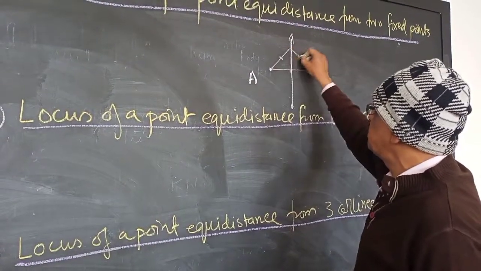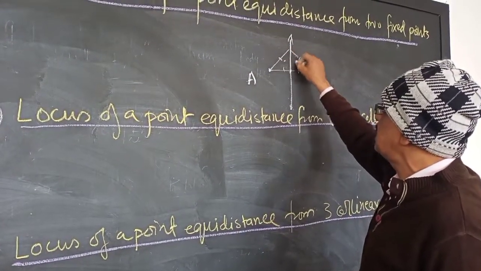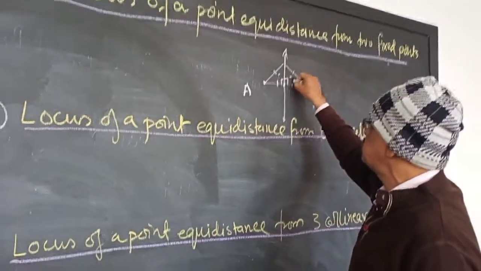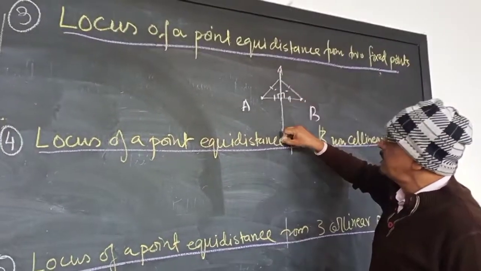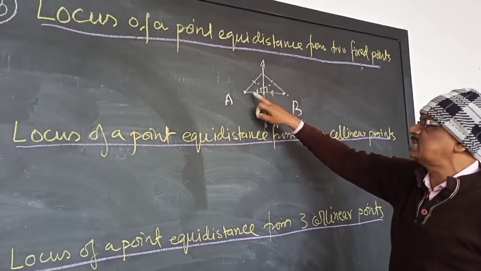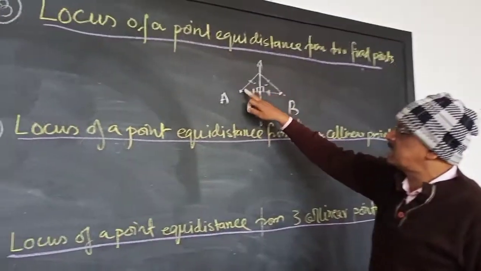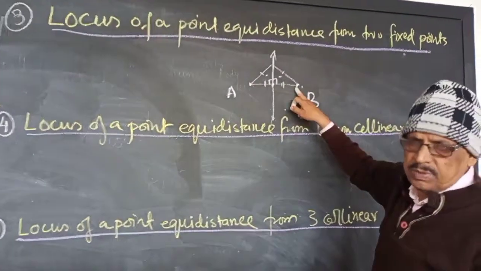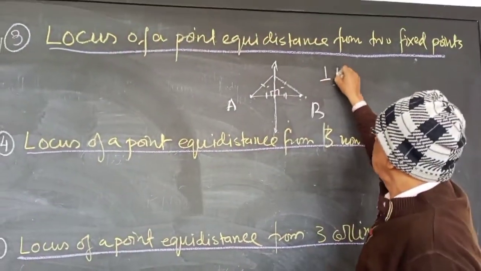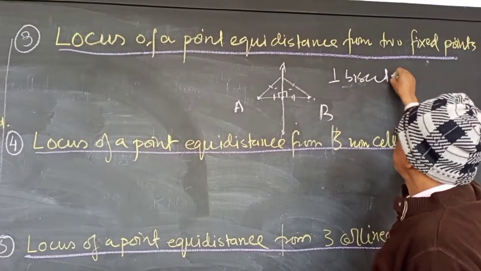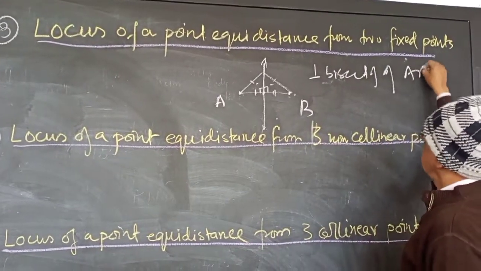If this distance is always equal, then the angle here becomes 90 degrees and these two are equal. This becomes the perpendicular bisector of the line segment joining A and B.